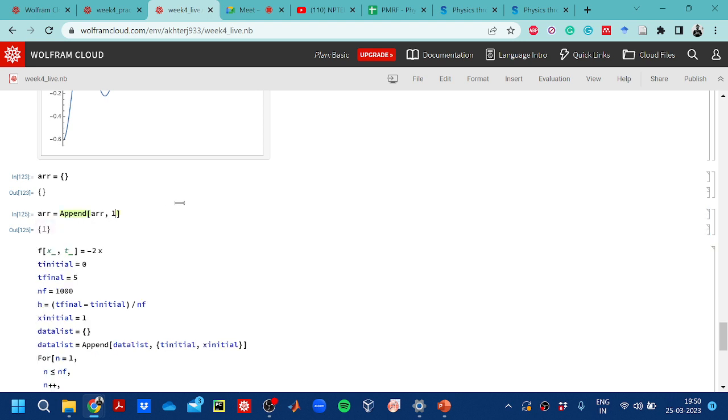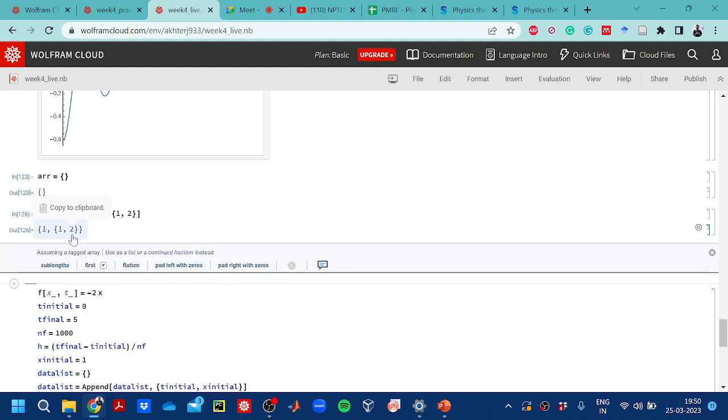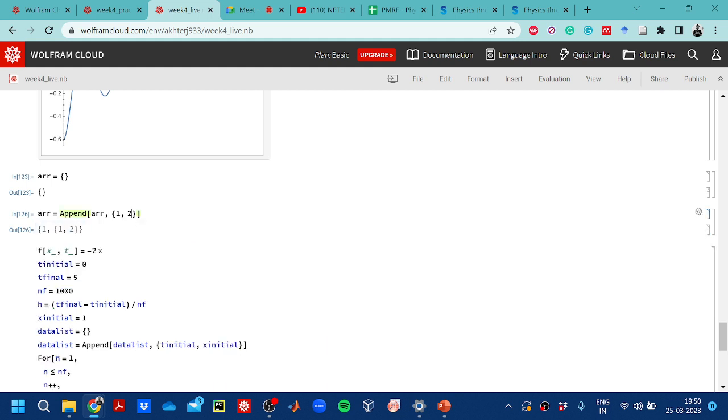Now if we write down 2 here, first 1 is appended, now this is appended. Now suppose you want to store another number, suppose 3, you just have to write down 3.